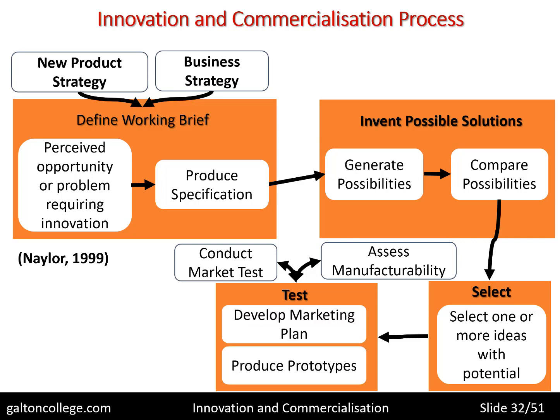Then develop a marketing plan and produce prototypes. The marketing plan, how will the product be delivered to the market? How will the product be sold? What are the outlets? What sort of information must go with the product? What brochures or leaflets? What advertising? But also make prototypes and make sure that the product can be delivered.